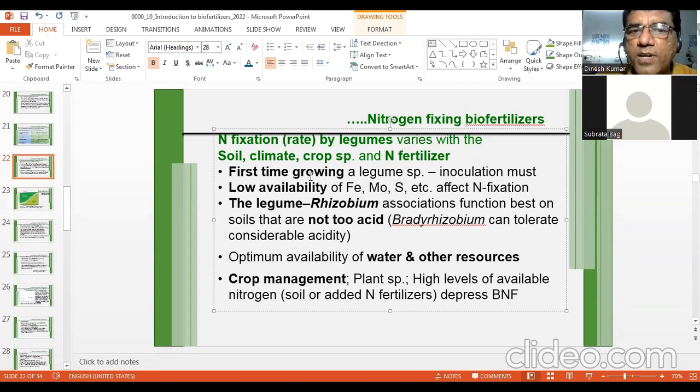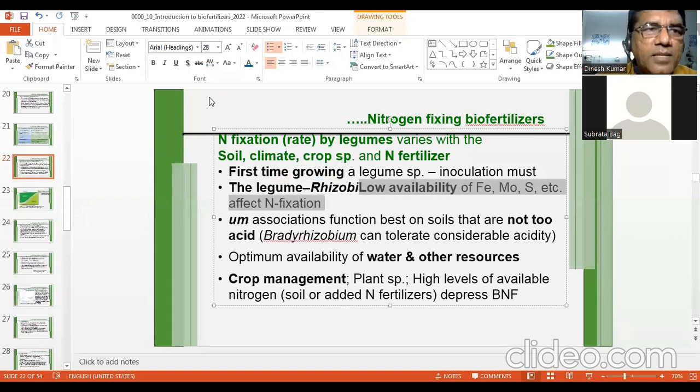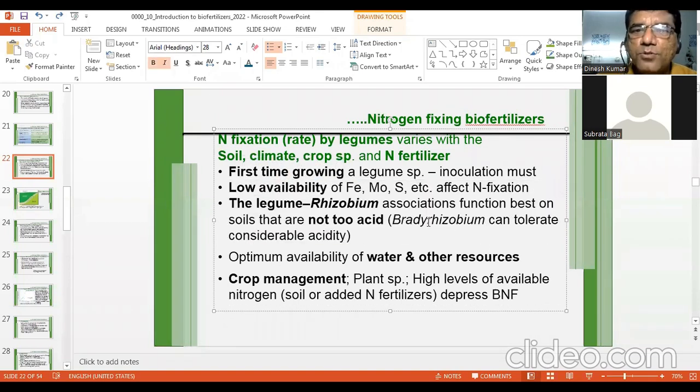So if you are growing this legume first time, then inoculation is a must. You must inoculate. Low availability of iron, molybdenum, sulfur affects nitrogen fixation, meaning a soil which is deficient in iron, molybdenum, sulfur, because they are very, very necessary for nitrogen fixation. So nitrogen fixation will be low if content of these elements is low in soil.